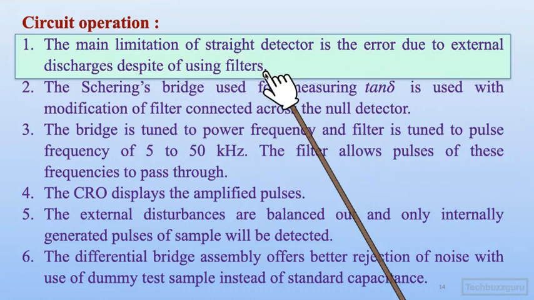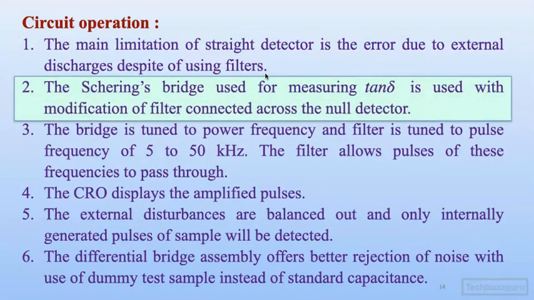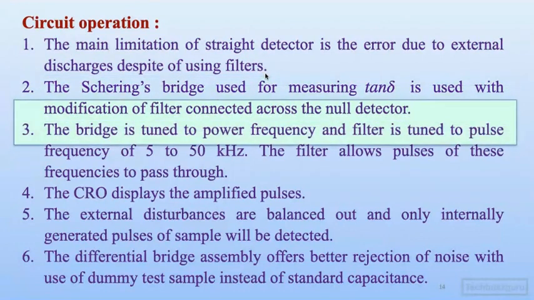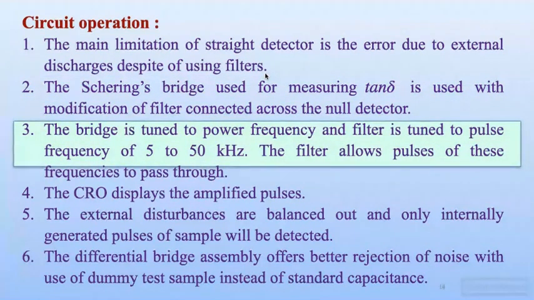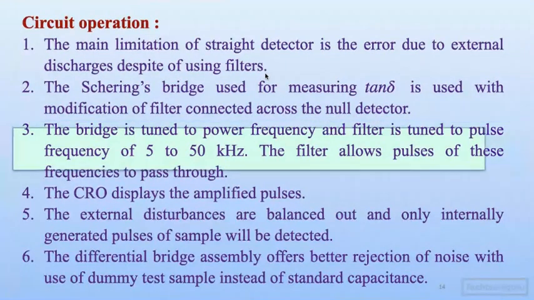Filters are unable to rectify that. The shearing bridge used for measuring tan delta is used with a modification of filters connected across the null detector. The bridge is tuned to the power frequency and the filter is tuned to the frequency 5 to 50 kilohertz. The filter allows pulses of these frequencies to pass through.